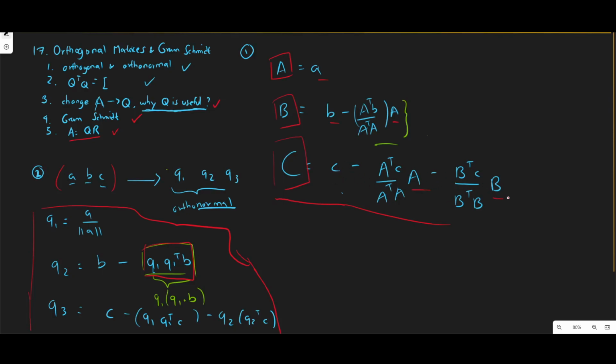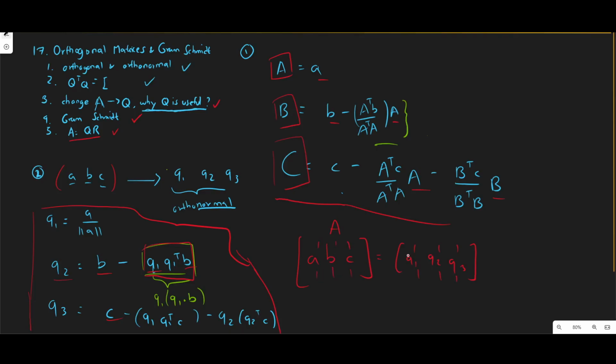Similarly in the second formula, the first one does not depend on the vector B or vector C, but Q2 depends on B and Q1, and Q3 depends on a lot of factors. So what does that mean? It means that if I have this A, B, C, which equals Q1, Q2, Q3, these are all column vectors.